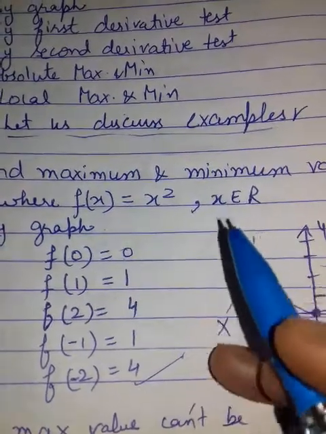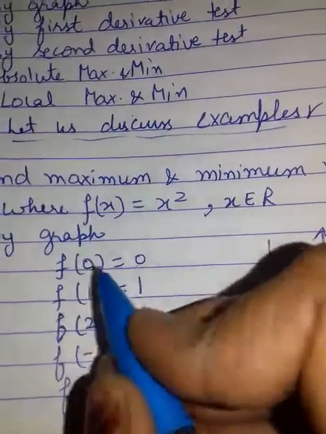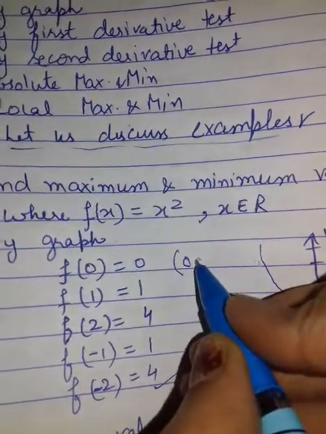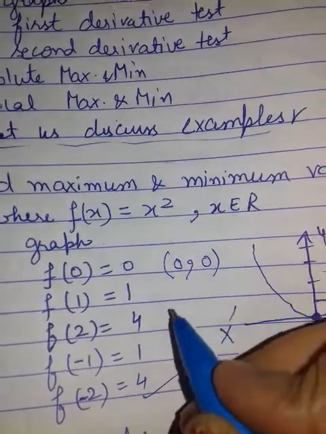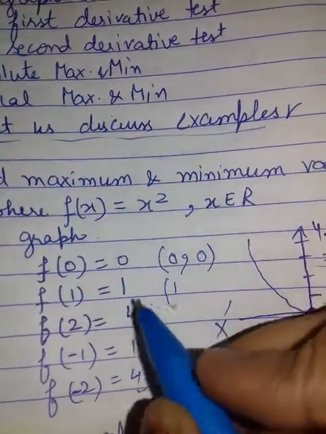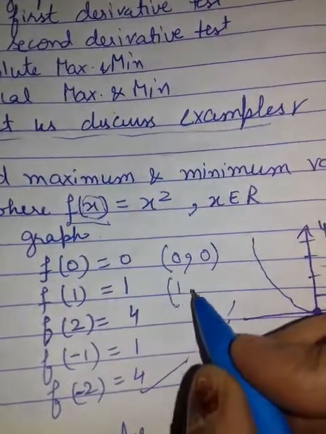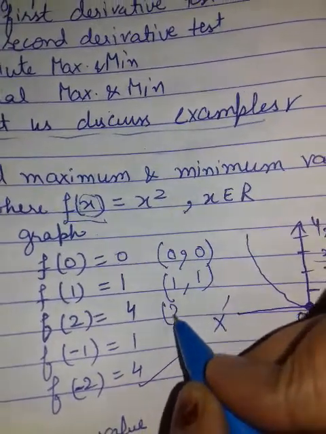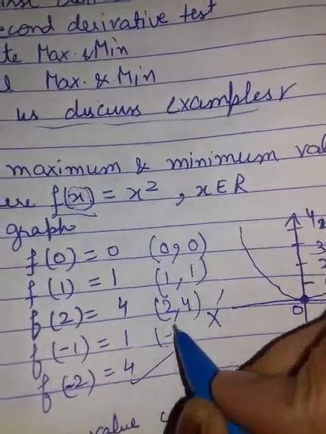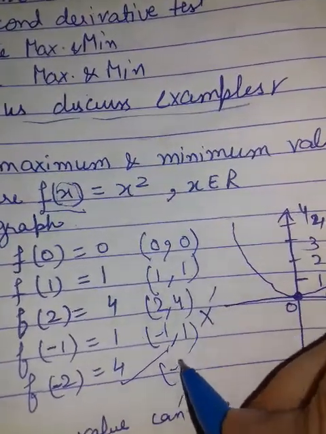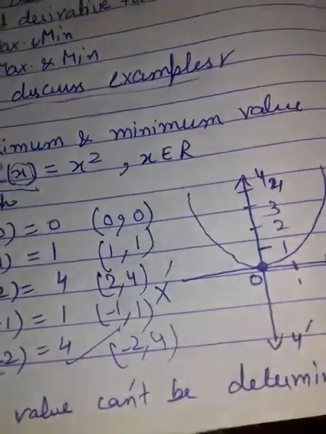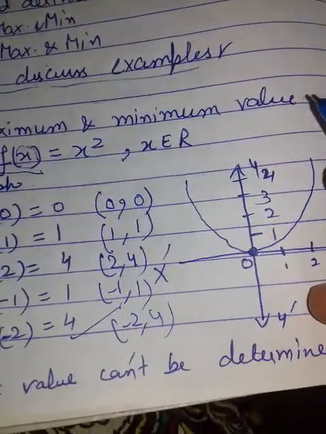Whenever we plot the points, you are putting x and getting an outcome y. Here 0 is the outcome, and this is your x coordinate: 1, 1, 2, 4, minus 1, 1, minus 2, 4. After that we will plot the points, as you know how to plot.